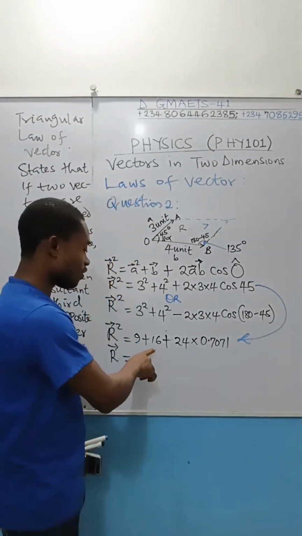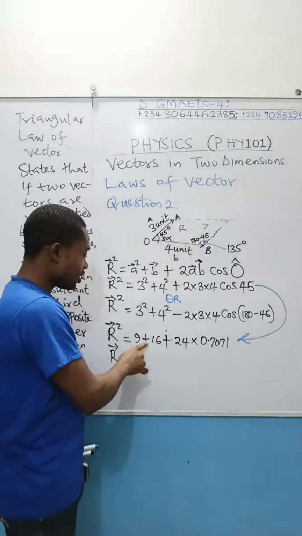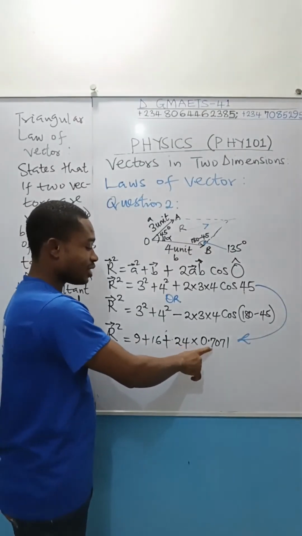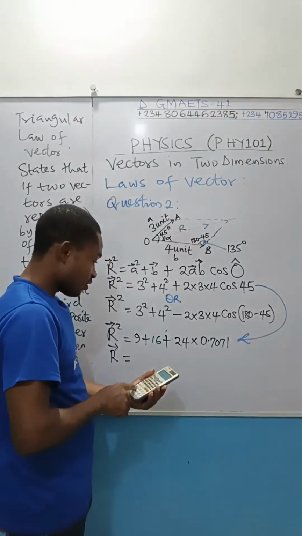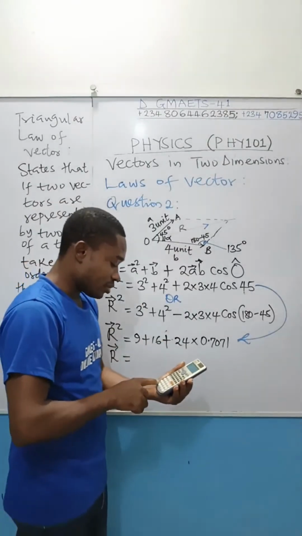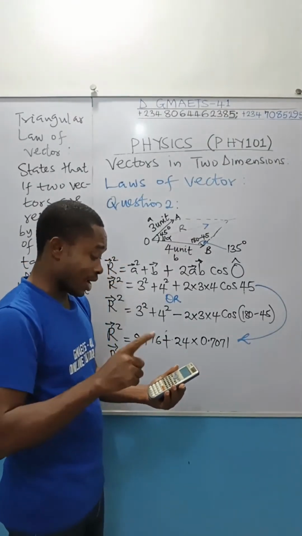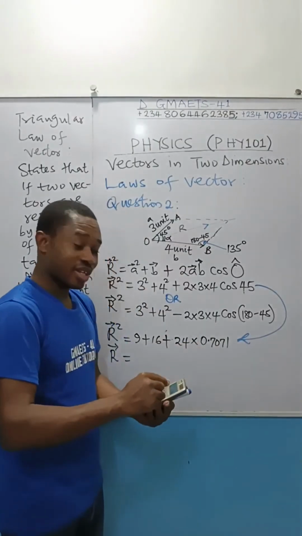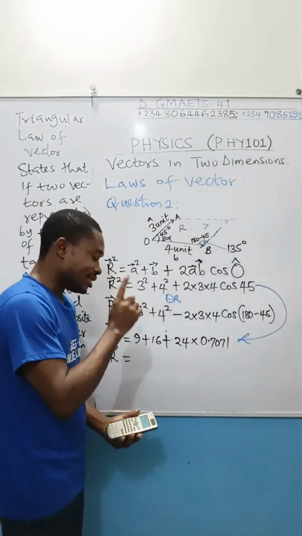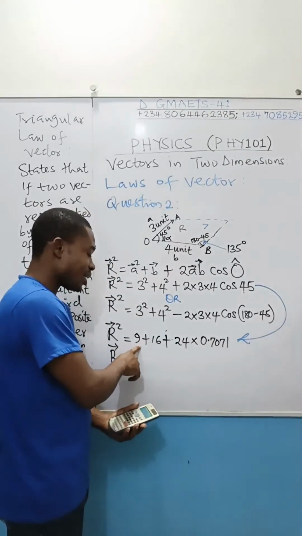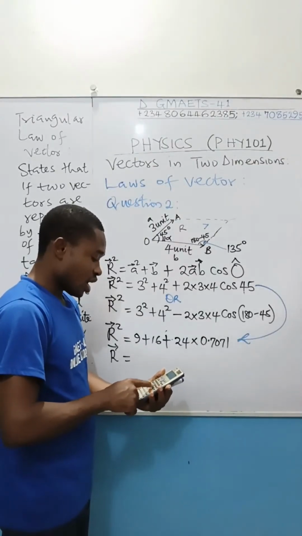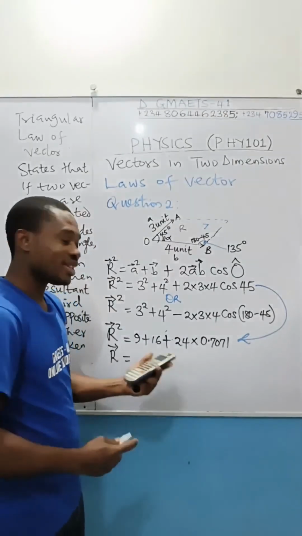Add 9 and 16, you get 25. Multiply 24 by 0.7071. Whatever you get from this product, which is 16.9704, add it to 16, add it to 9, which is 25.